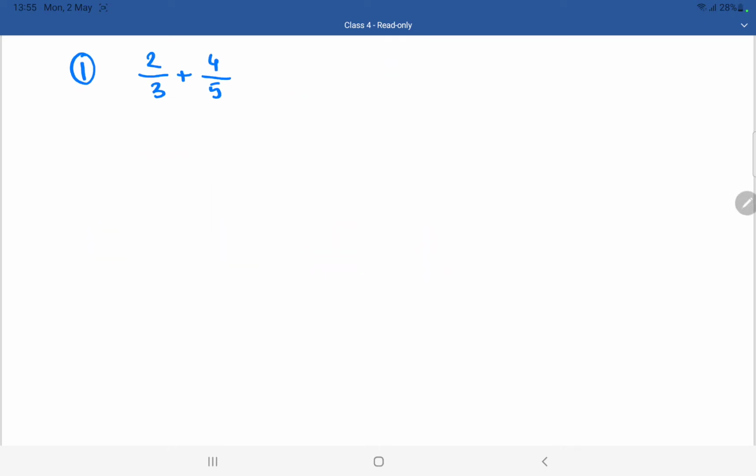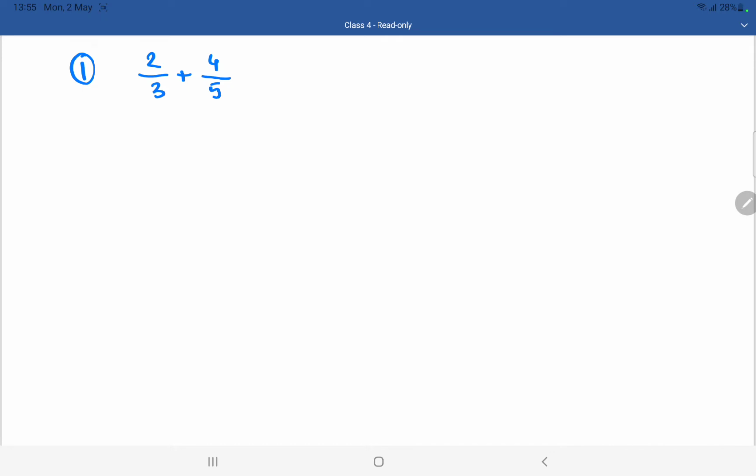So students, here we have 3 and 5 as the denominators of the two fractions. How should I add them? Because they have different denominators, they are unlike fractions. First, I need to take the LCM of the denominators.